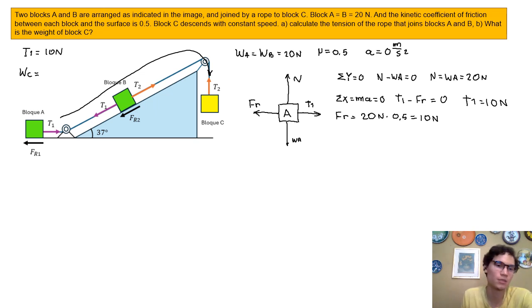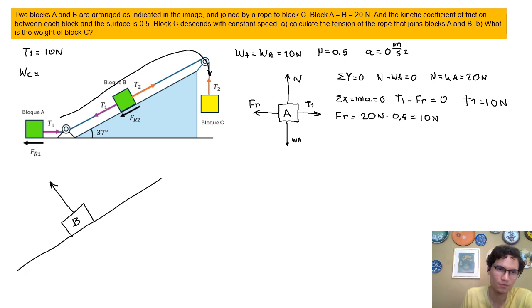What else do we know? We know that the block B is on the inclined plane. It's a little bit less inclined than this, like this. We got the block B in this position. In the block B, there will also be a normal force, a tension 2, and tension 1 here.